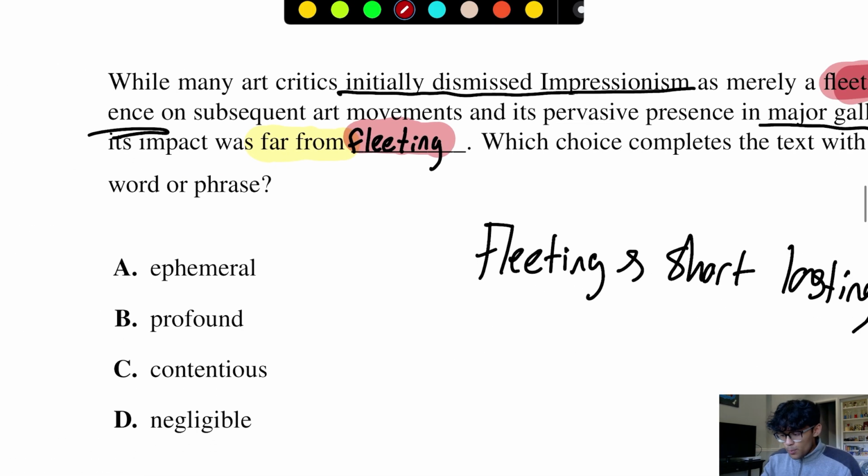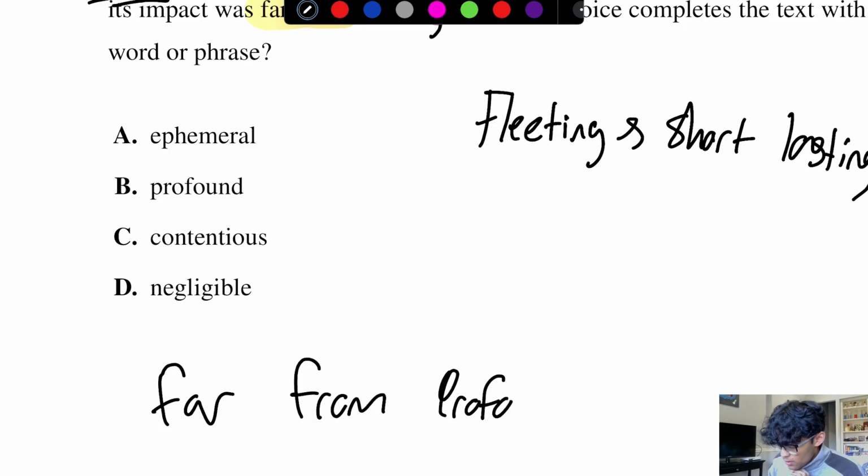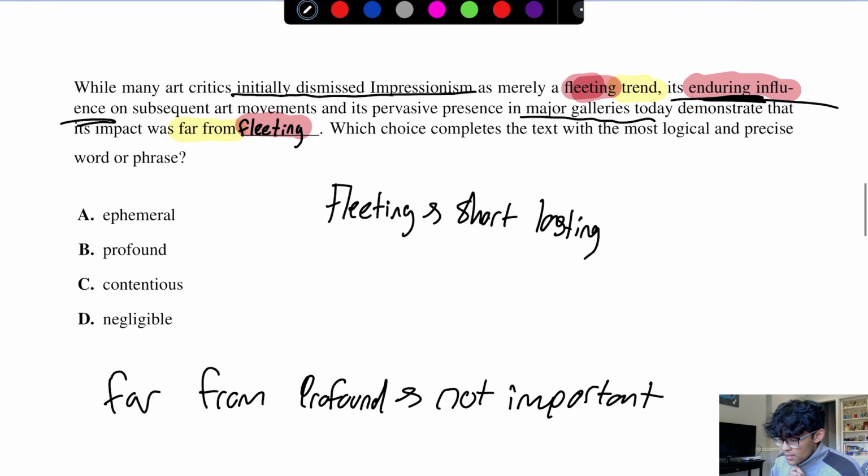So if we put profound in this blank, far from profound basically means that it's not profound or not important. But obviously, we know that it is important because it had that enduring influence. So profound is clearly not correct.